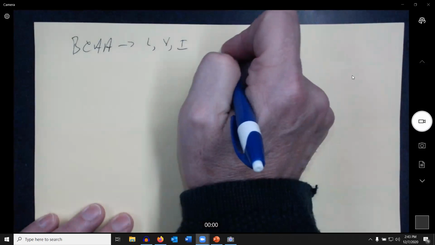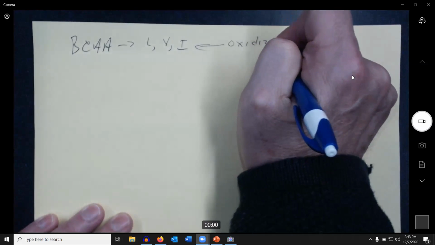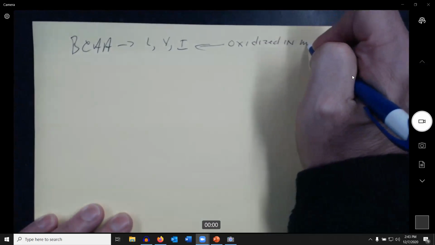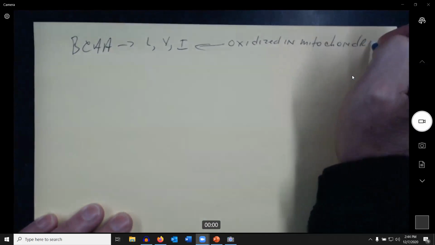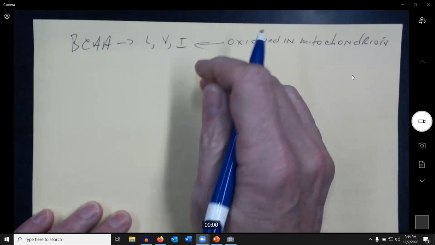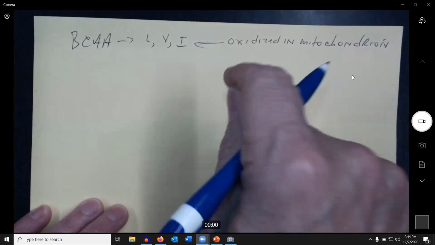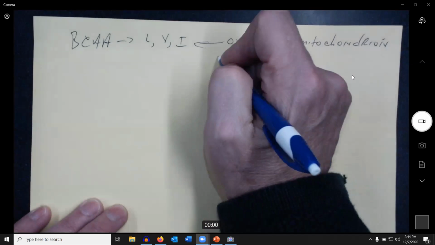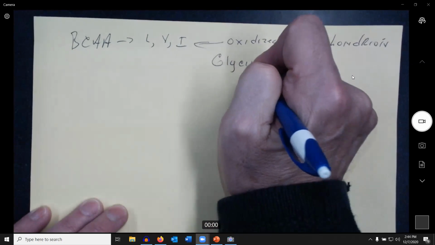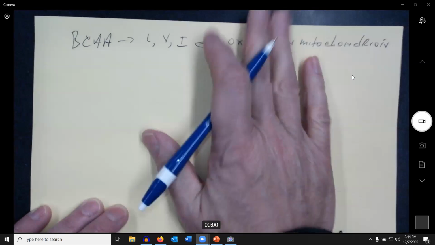These are actually oxidized in the mitochondria. The only other amino acid that's oxidized in the mitochondrion in animals, I must emphasize that in animals, is glycine. It's not the case in plants, but it is in animals.